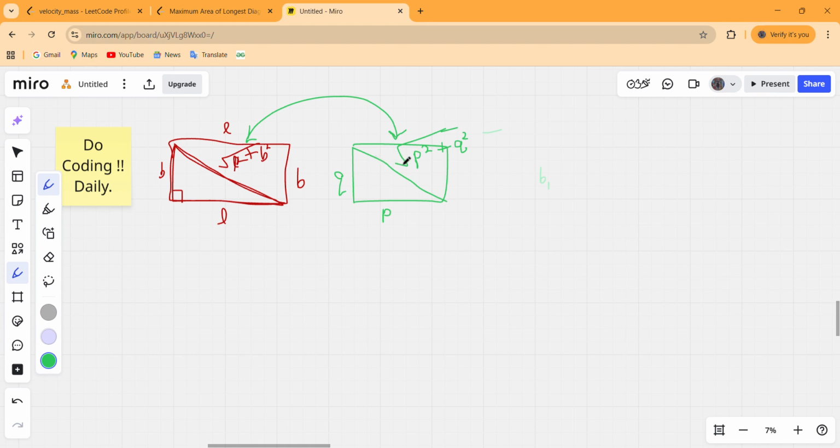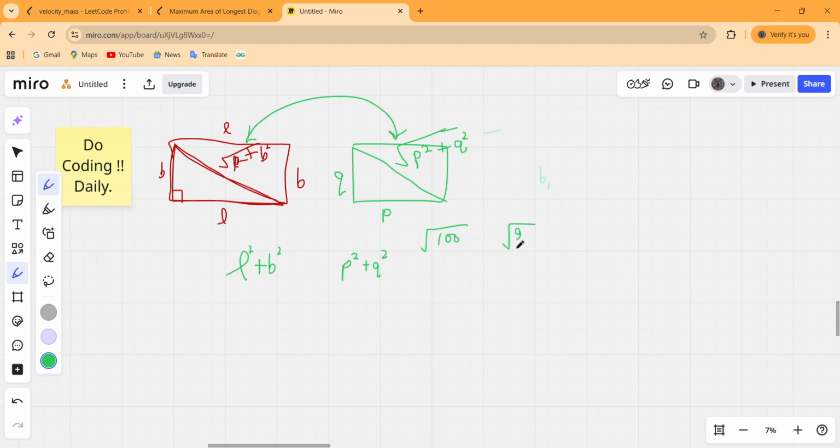But instead of doing this, we can simply compare L square plus B square with P square plus Q square, because we simply know that the under root of 100 is obviously greater than under root of 98.